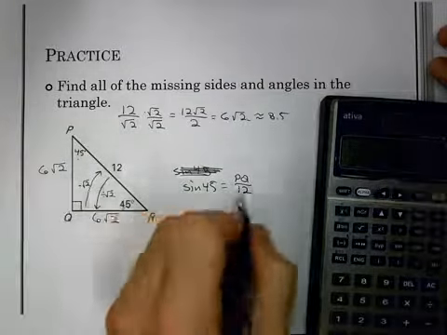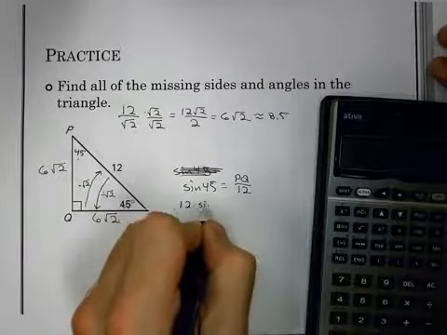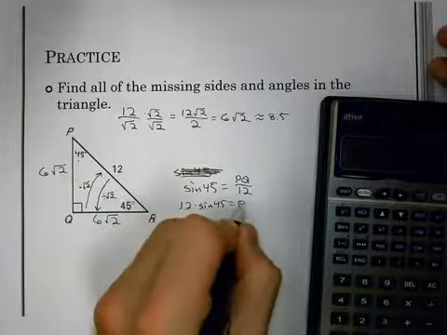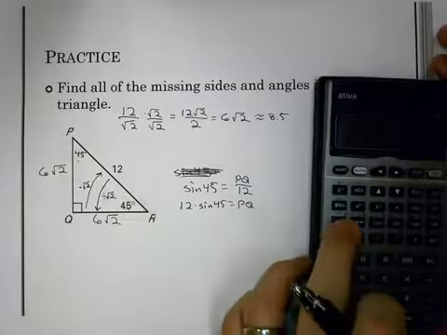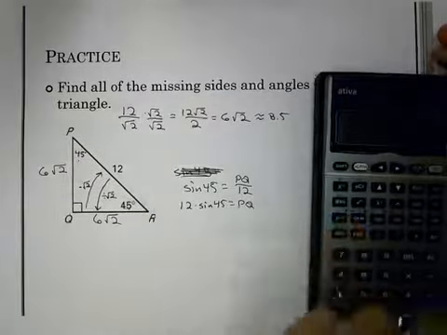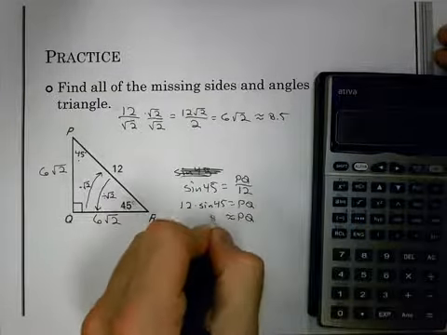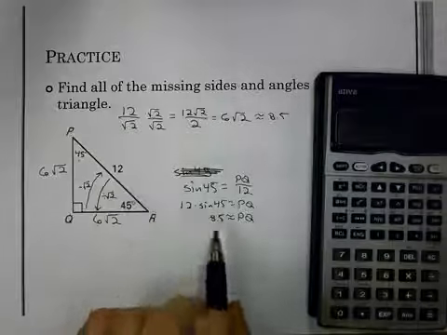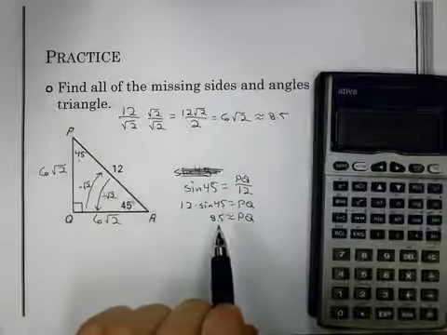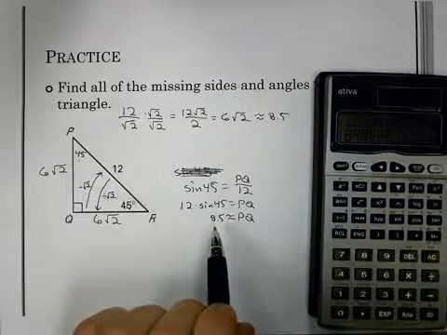And I multiply 12 to both sides. I get 12 times sine of 45 is also approximately 8.5. So it gave me the same value, but notice it's not in radical form, and that would be tough to figure out what the radical form would be.